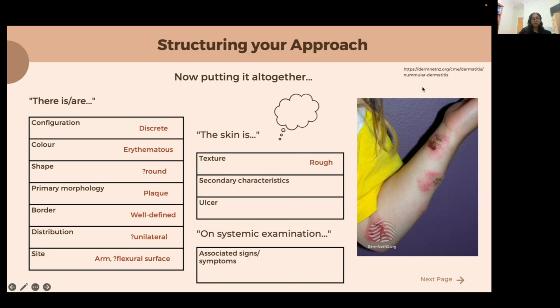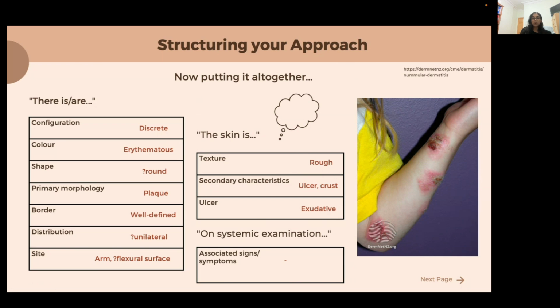Difficult to tell, but we can kind of see that it'd be rough to touch. And it's got crust present, it's ulcerating in the middle. And let's say when we palpate, it's exudative, so there's fluid coming out of the lesion. So in conclusion, we've got discrete erythematous round plaques with well-defined borders.